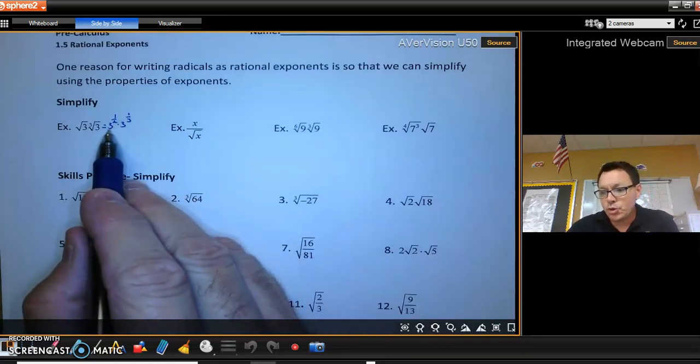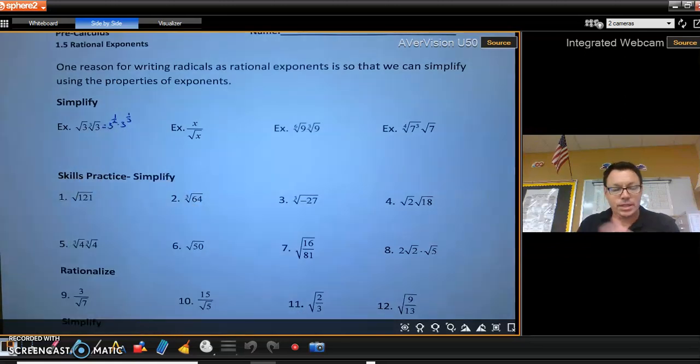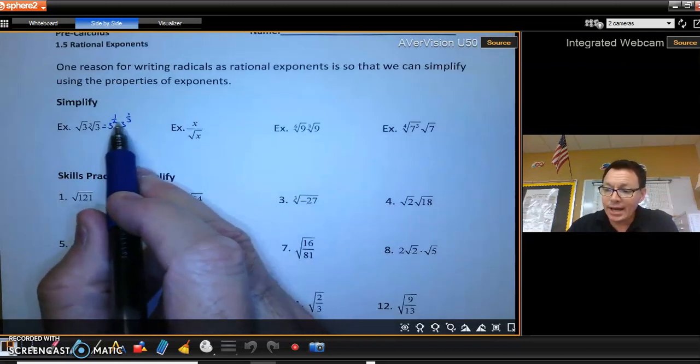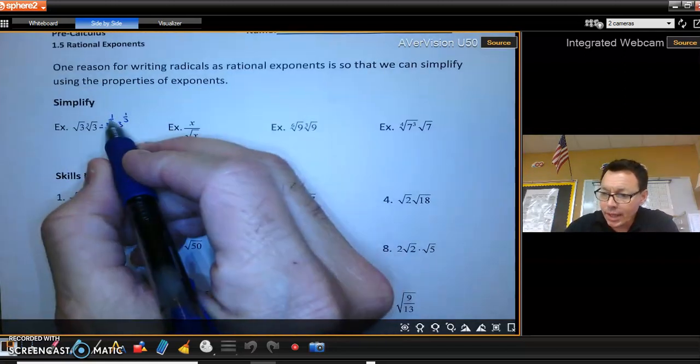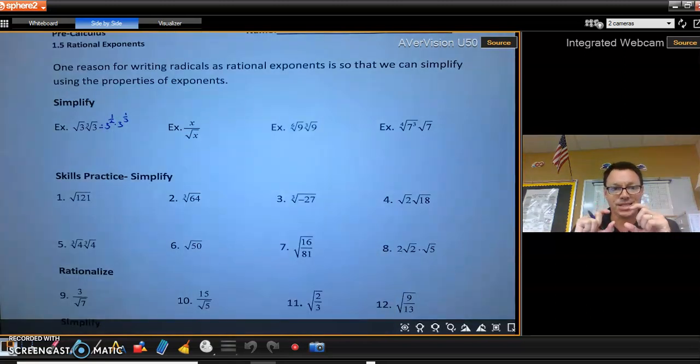If you have two bases that are the same, you simply add the exponents. We did that last lesson. Now, to be able to add these exponents, I need to have a common denominator since we're dealing with fractions here.